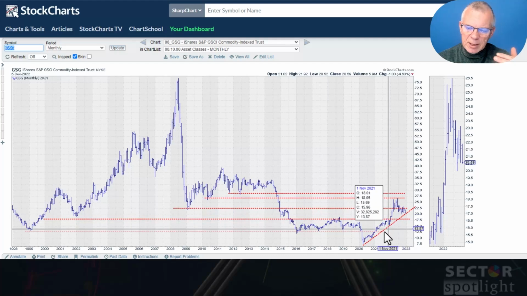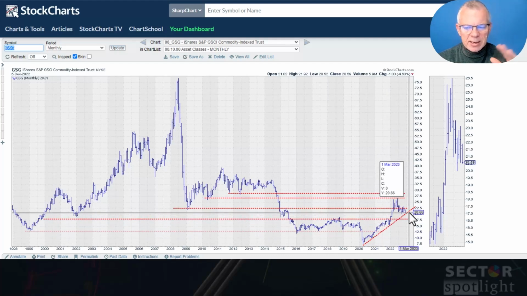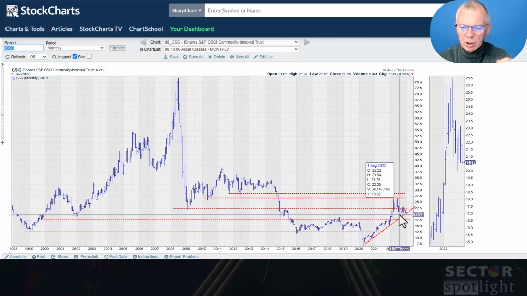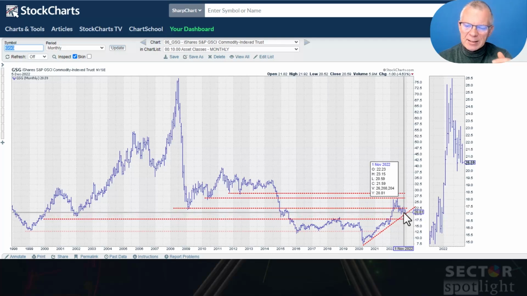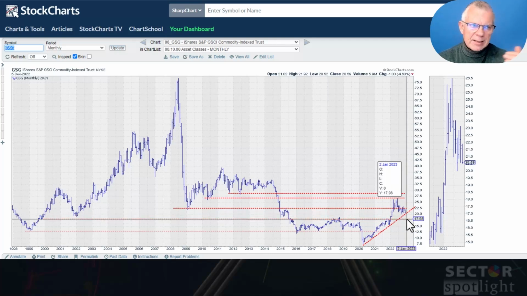So if we hold above this trend line, then we're still potentially in to put in a new higher low, which in this case would be around 20. If that doesn't hold, then here again in GSG, we could go back to 18. And it wouldn't immediately negate the whole turnaround scenario, but it will definitely put a damper on it, and definitely put a delay on it.